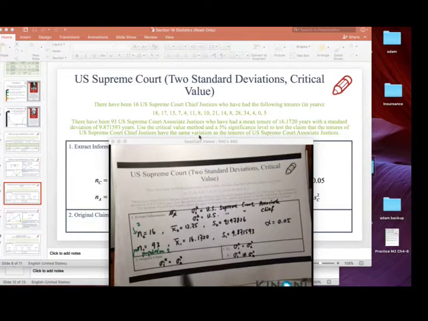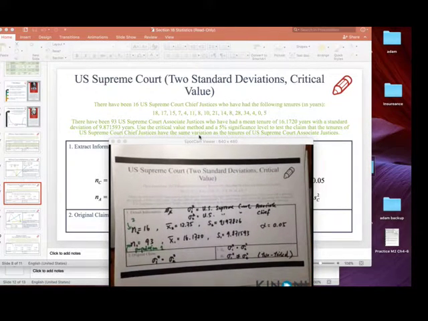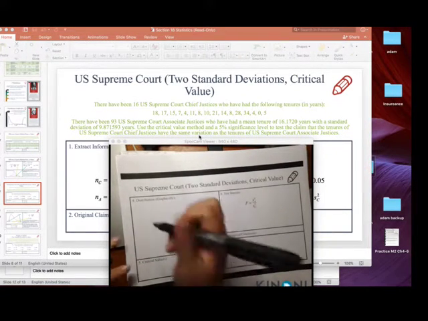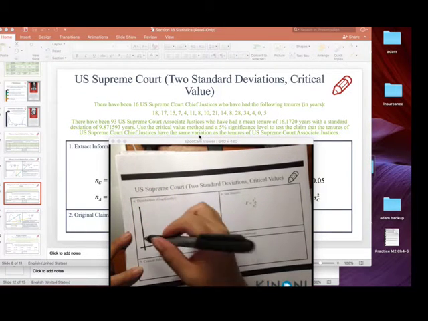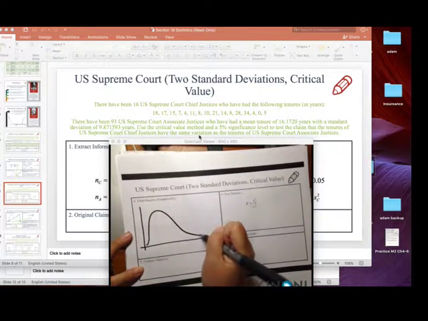Okay, step 1, step 2, and step 3. And since this is a not equal to, you know this is going to be two-tailed. Okay, and then step 4. So I have the F distribution. Make sure you don't graph it as a normal distribution. It should be skewed to the right.